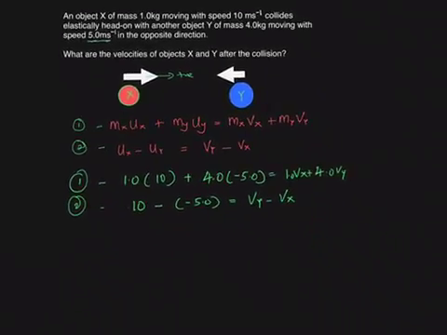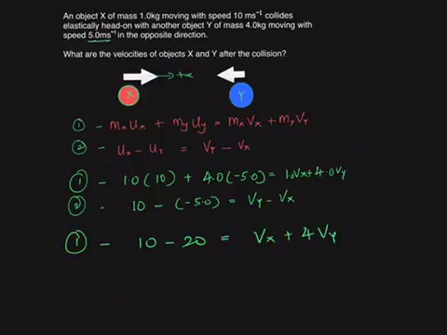And so we have equation 1 again. Simplifying it, we have 10 minus 20 equals Vx plus 4 Vy. And equation 2, we have plus 15 equals to Vy minus Vx.